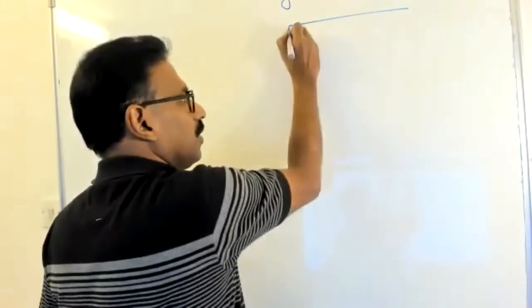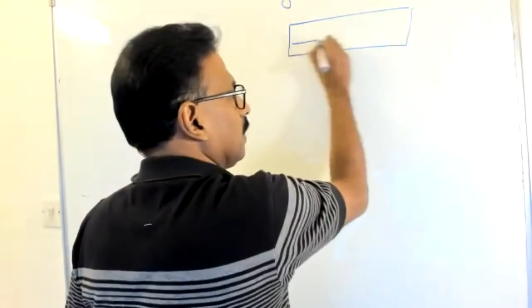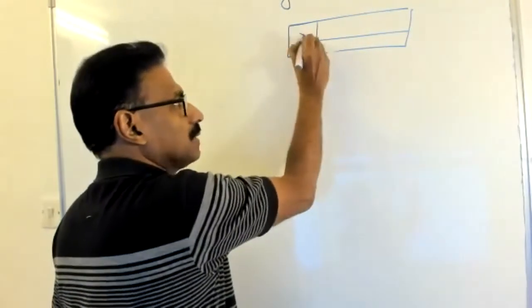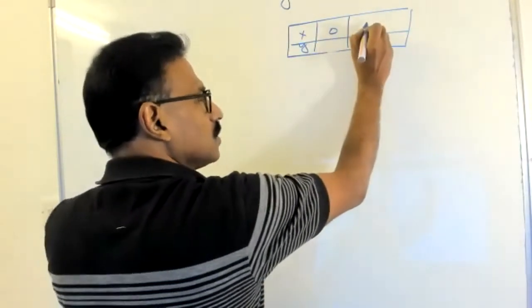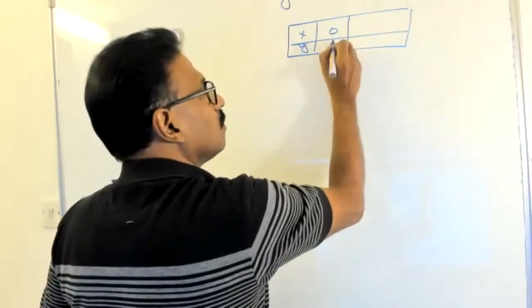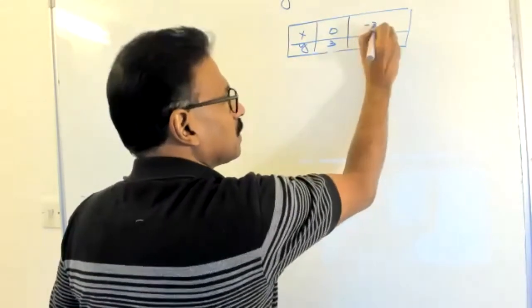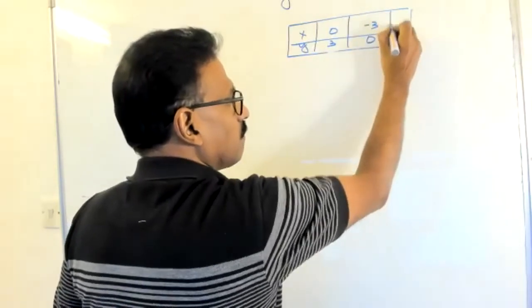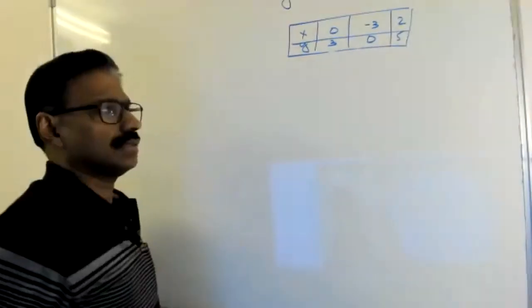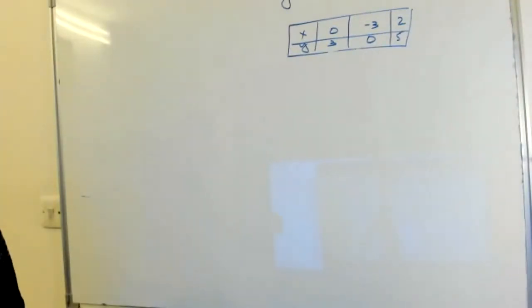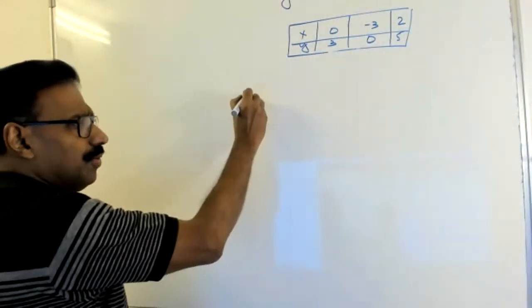Not on graph paper, but with scale and pencil. Points: 0, 3; minus 3, 0. If you want, you can give one more value, 2, 5, like this. Make a graph.